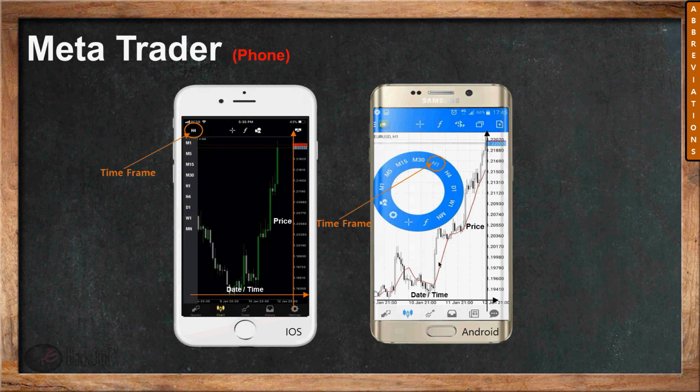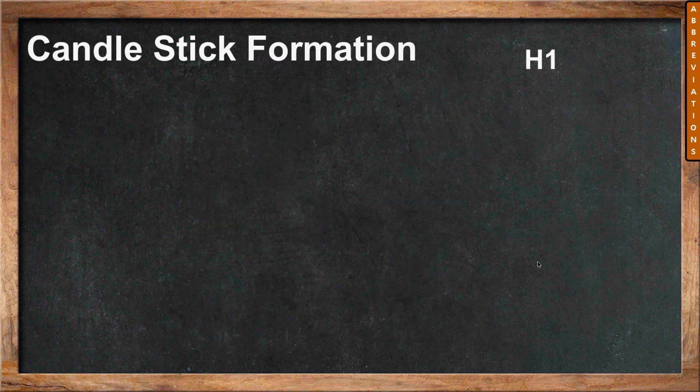But what's important is that you know what time frame you're looking at and how long the candle takes to form, because that's the most important part of being a BBMA trader.